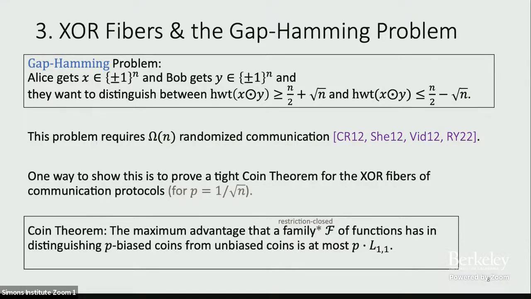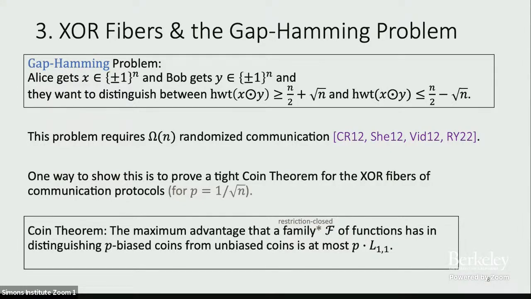In yesterday's talk, we saw what coin theorems are, but let me just briefly recap them. The coin problem studies what is the maximum advantage in distinguishing biased coins from unbiased coins. The coin theorem says that this maximum advantage is proportional to the level 1 Fourier growth. And it turns out that you can view this gap Hamming problem as a coin theorem for the XOR fibers of communication protocols. Let me describe this a little more carefully.